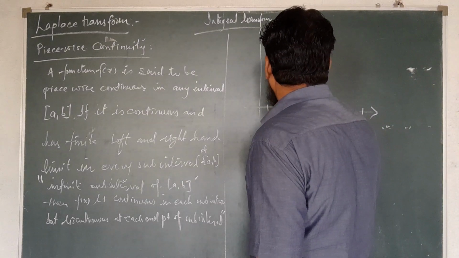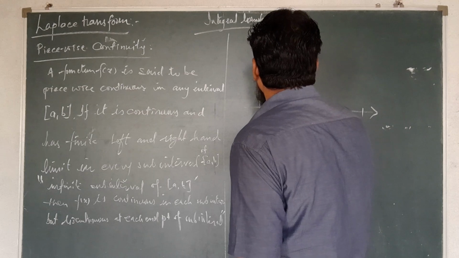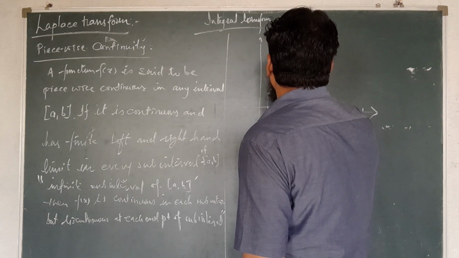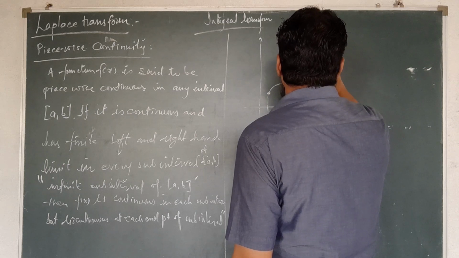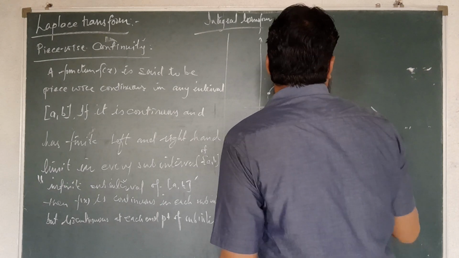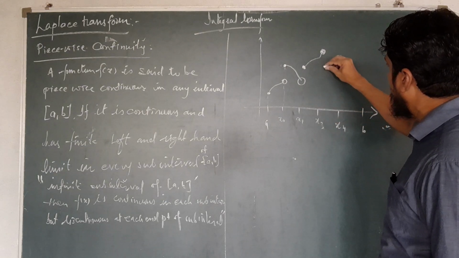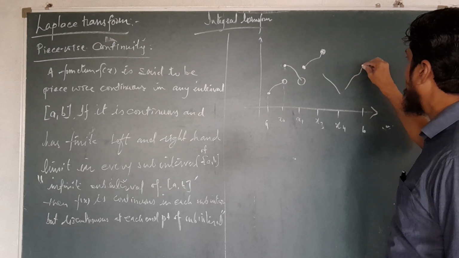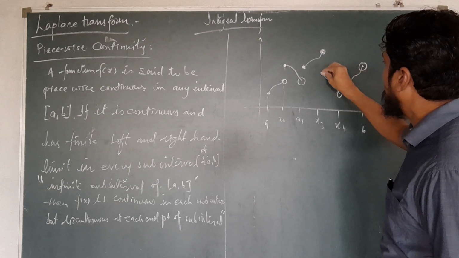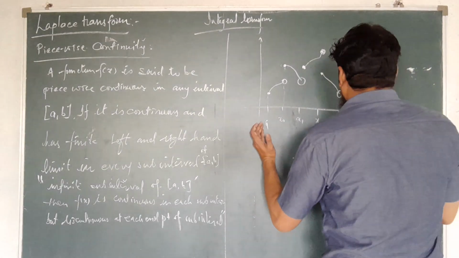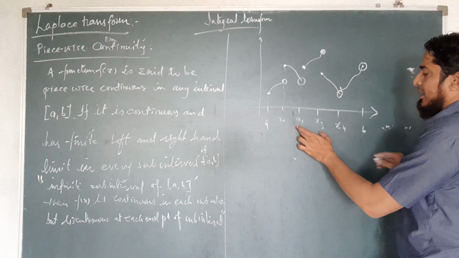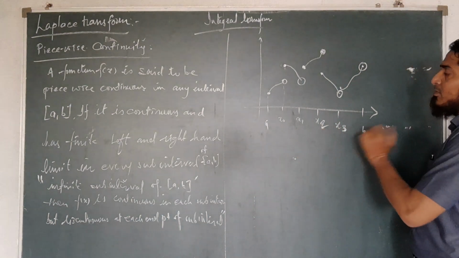Here we have the interval AB, in which we have the subintervals a, x0; x0, x1; x1, x2; x2, x3; and x3, b.